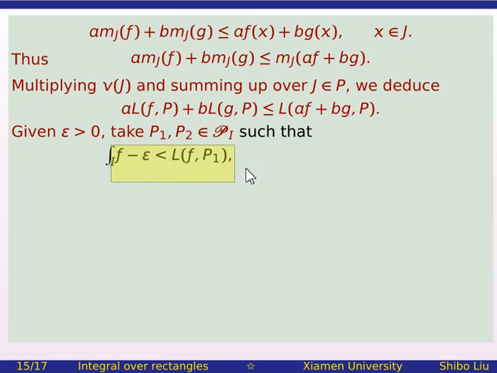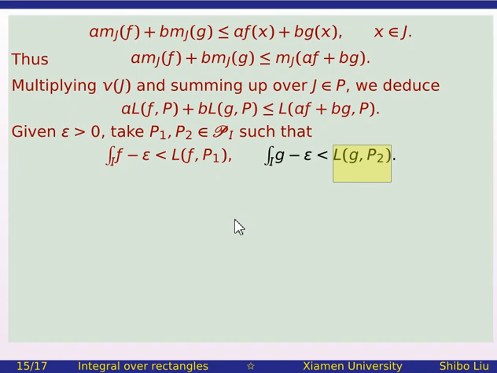Similarly, by the integrability of g, we can get another partition of I, that is P2, such that the lower sum of g with respect to this partition is close to the integral of g, within epsilon. Okay.